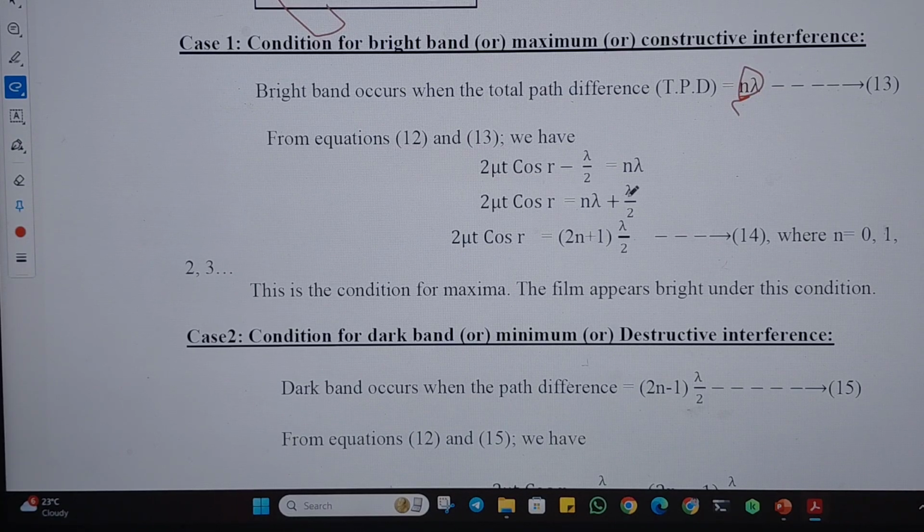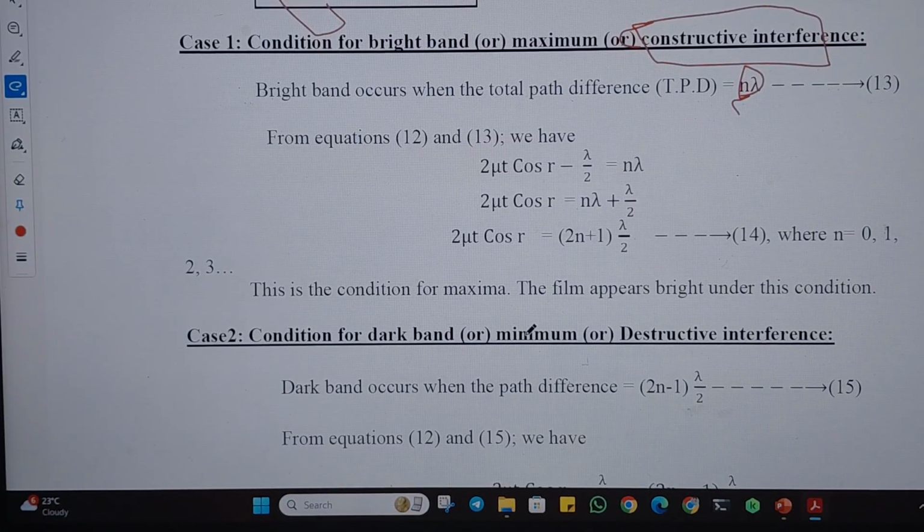So 2 mu t cos R equal to 2n plus 1 into lambda by 2. This is the condition for maxima. Why is it maxima? Because of constructive interference.